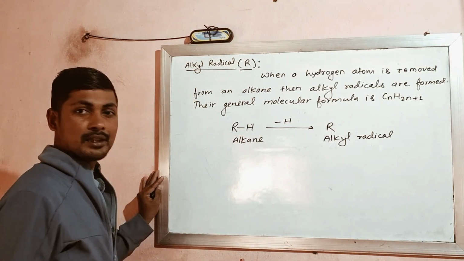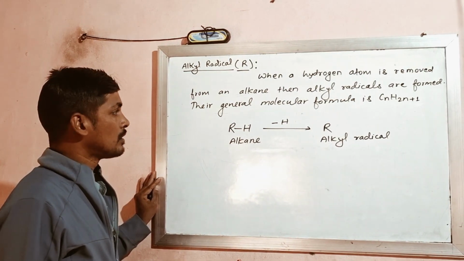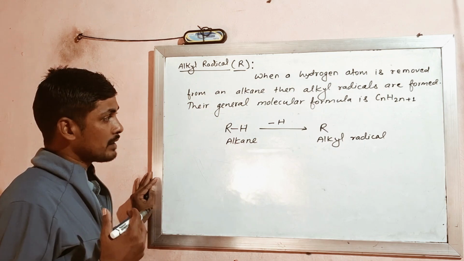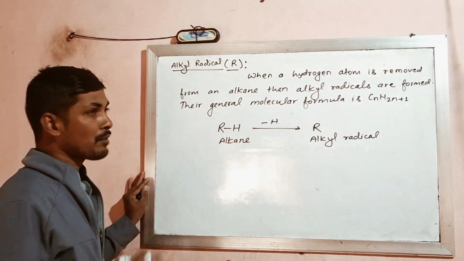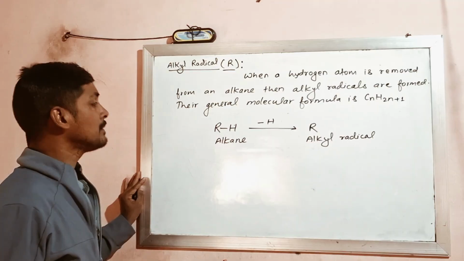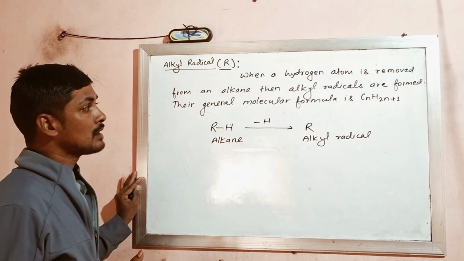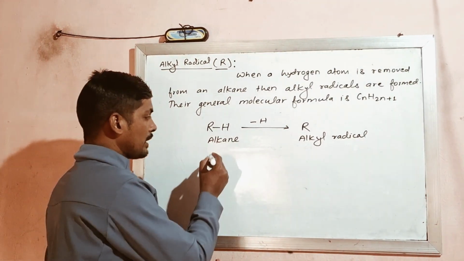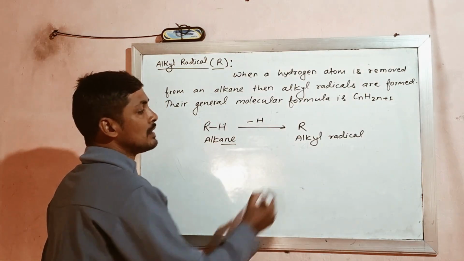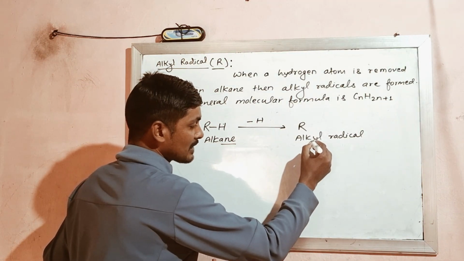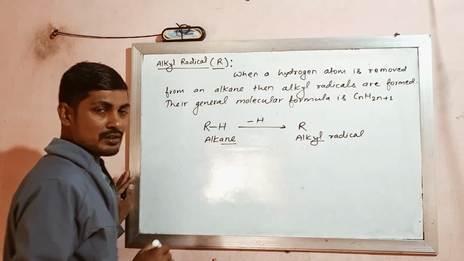Now this alkyl radical, its name is similar to the name of alkane, just in alkane there is ANE, but in alkyl radical there is YL at the end.